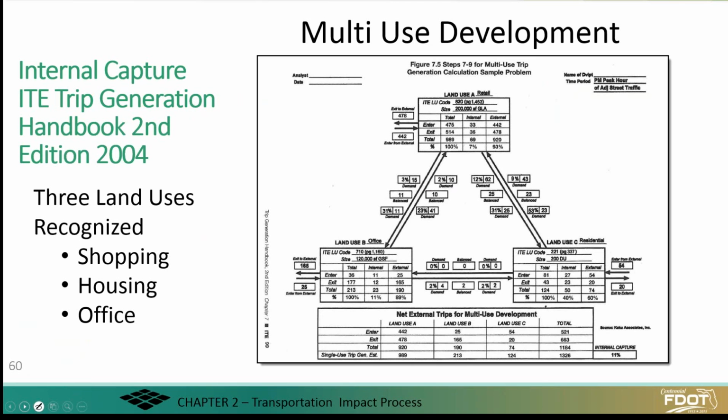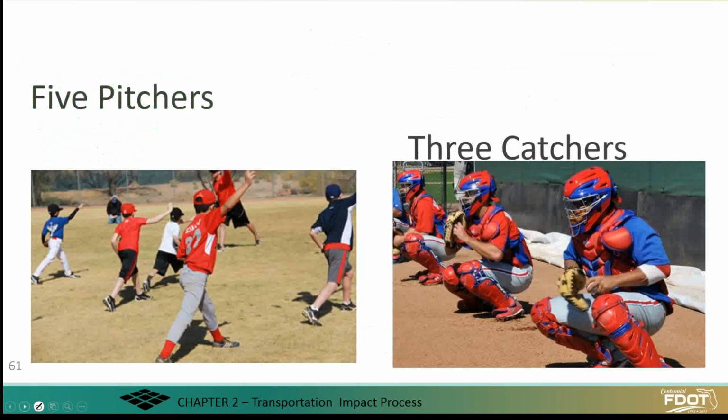Okay, this is from the old ITE Trip Generation Handbook, 2nd edition, 2004. At that time, they only recognized 3 switchable, interchangeable land uses, and they were shopping, housing, and office. And this is an example from that older handbook.